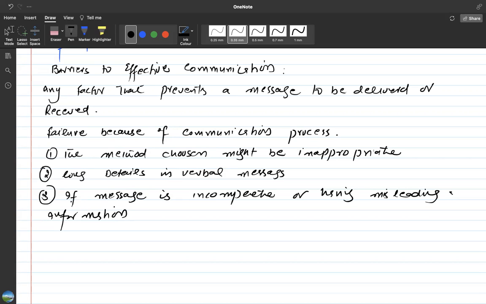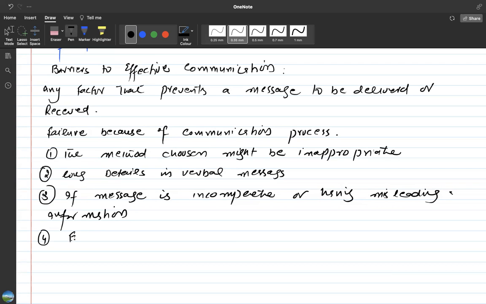If the message is incomplete, the actual communication won't be delivered. For misleading information, for example, you want a product delivered today, but you write tomorrow. The supplier will send it tomorrow, but you will need that product today. A wrong message means communication failure as a result.